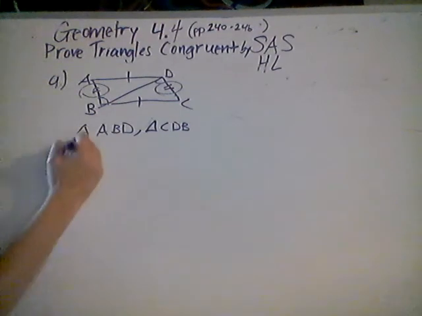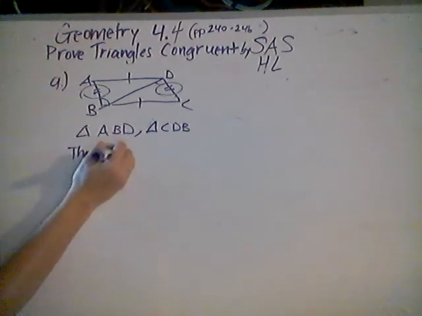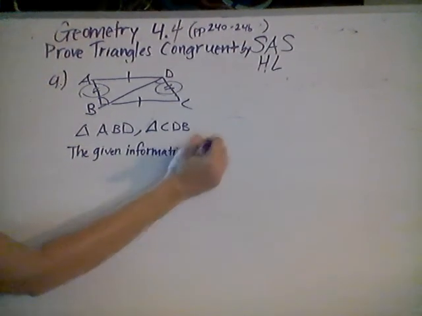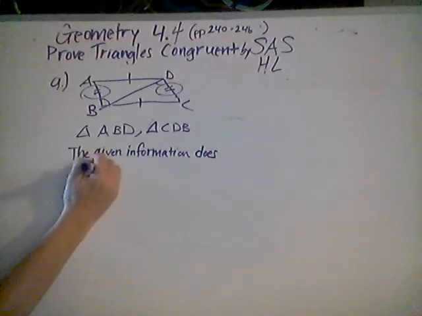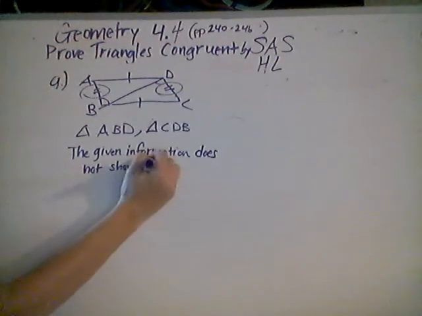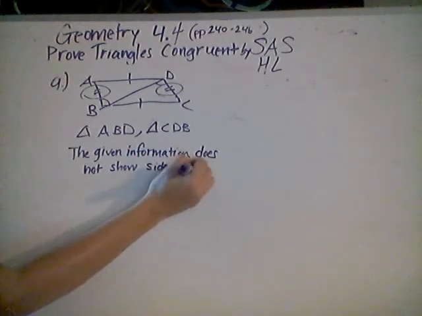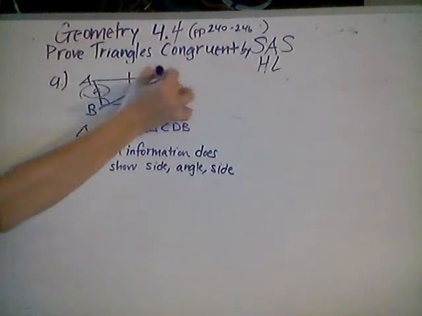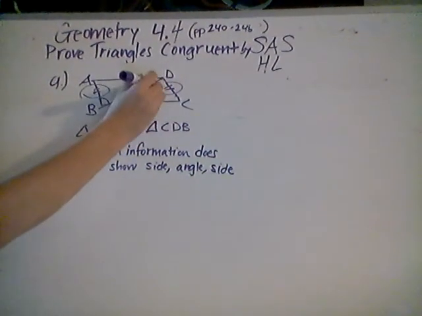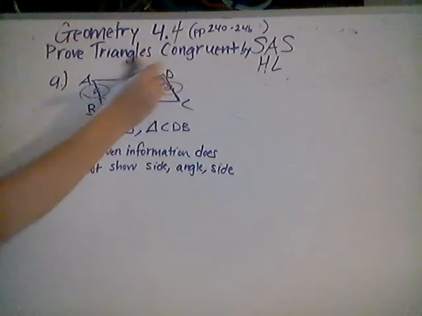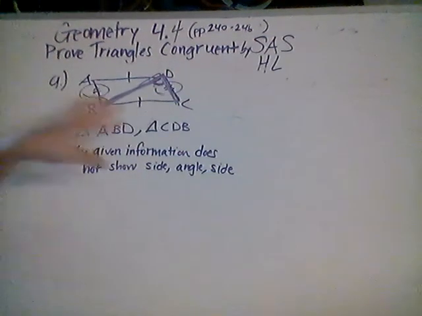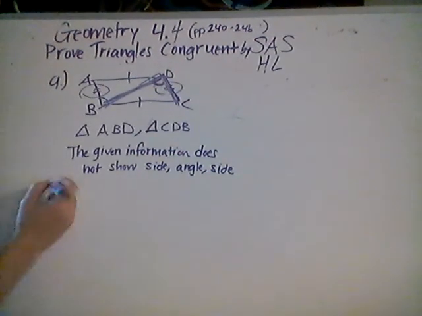The given information does not show side, angle, side. This is the included angle, so we would need these two sides to be congruent. Obviously this side is, but it doesn't give us that this side is. So based on the given information, we can't show that.